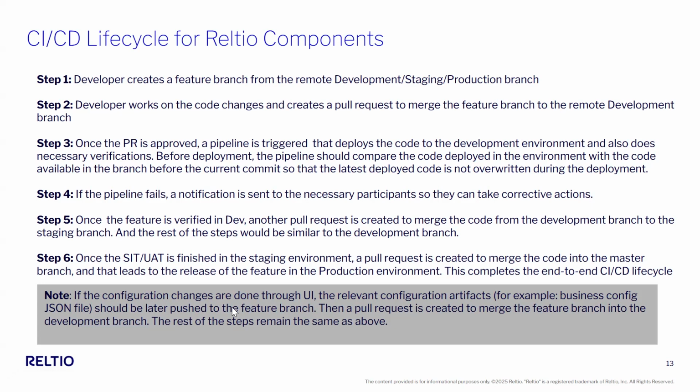Then automatically whatever changes you're doing gets deployed to the development tenant if you're doing the changes in development, right? But even with that, you should still pick up the relevant configuration artifacts. For example, if you're changing something in the data model, you should pick the business configuration JSON file and push it to the feature branch and create a pull request to merge it to the development branch.